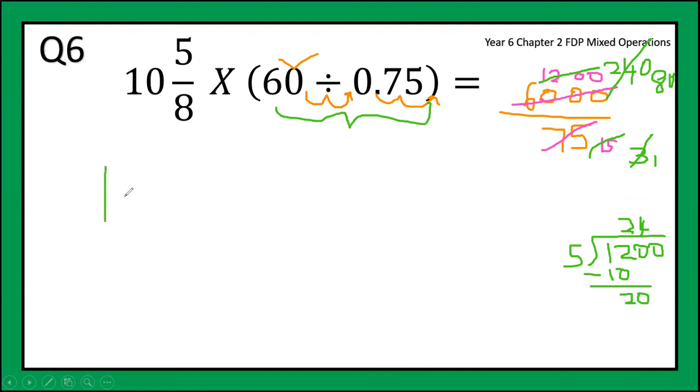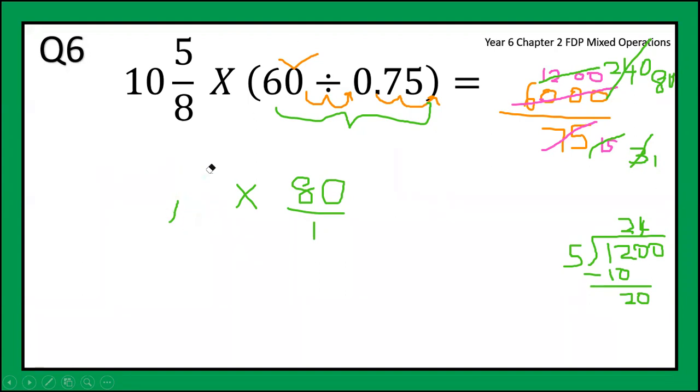So literally you can just get 80 from here. Now you're left with 10 5 over 8 multiplied by 80 over 1. Of course, change this using times and plus. So 10 times 8 is 80. 80 plus 5 is 85.